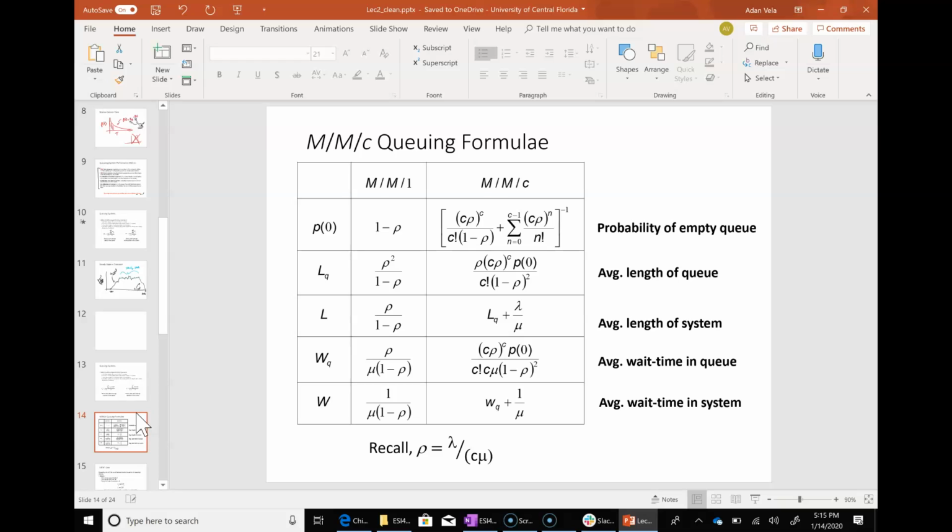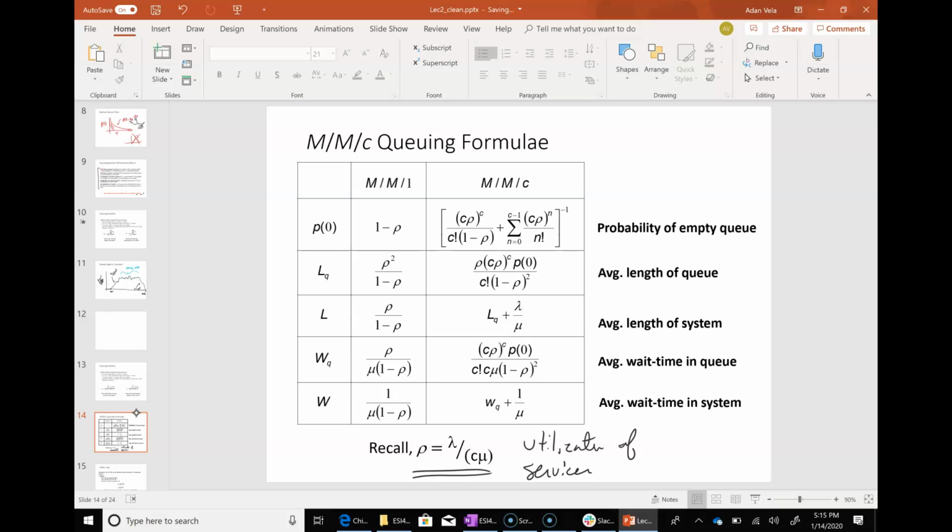Now, the coup de grace are basically all the equations that folks worked out. The first thing we start off with is this value rho, which refers to the utilization of our server.